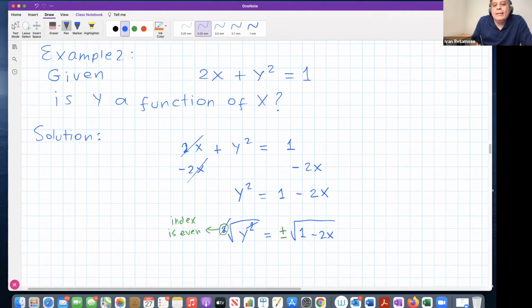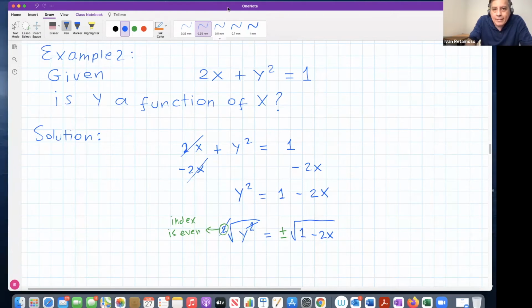Because this index is even. If it is odd, this doesn't happen. Let's say you are taking cube roots, you are not supposed to put this plus minus. It's free there, but when the index is even, there is a price you pay. You have to put the plus minus.